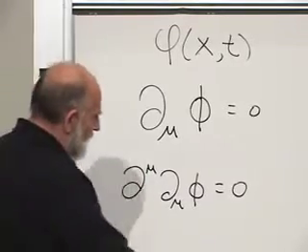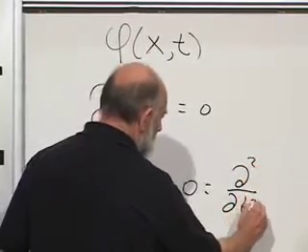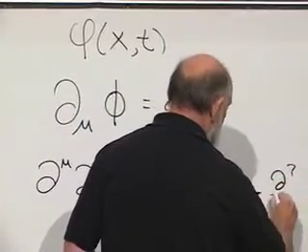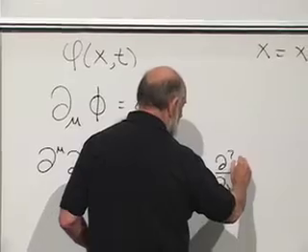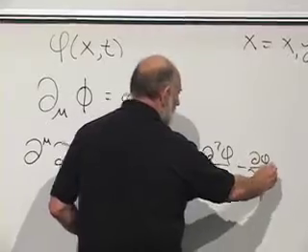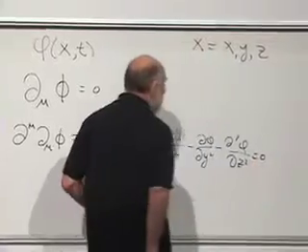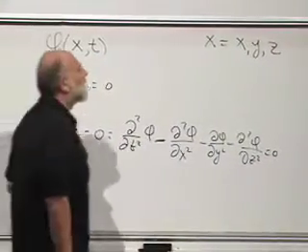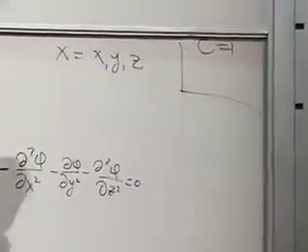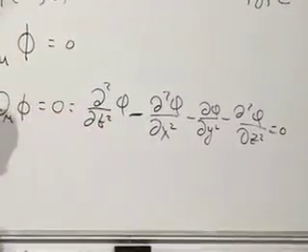So this would really mean the second derivative with respect to time of the field minus the second derivative with respect to x squared minus the second derivative with respect to y squared minus the second derivative with respect to z squared is equal to 0. Notice, as usual, because I'm lazy, I've set the speed of light, c, equal to 1. You can go home and, as an exercise, figure out where the speeds of light go into this equation.